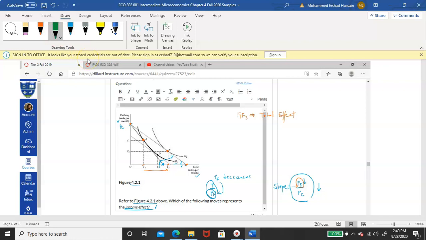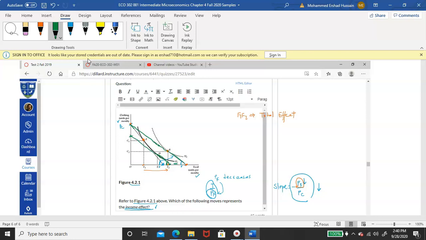We are going to draw this third budget line. That third budget line will be tangent to the old indifference curve U1, and this new third budget line, the green budget line, will be parallel to the budget line at B, right?